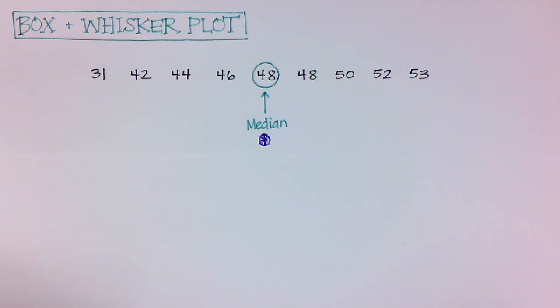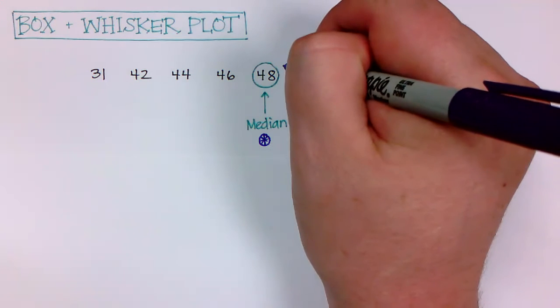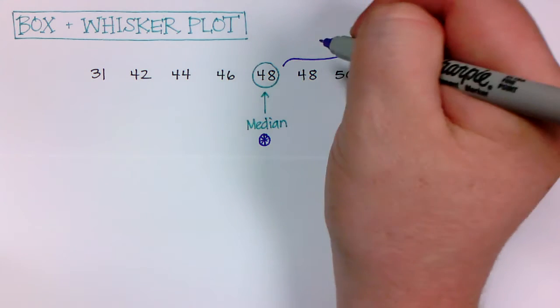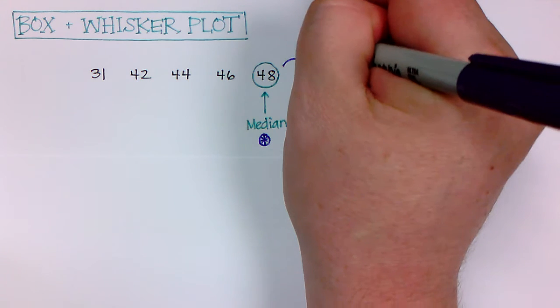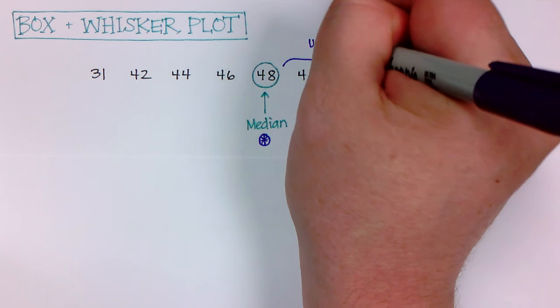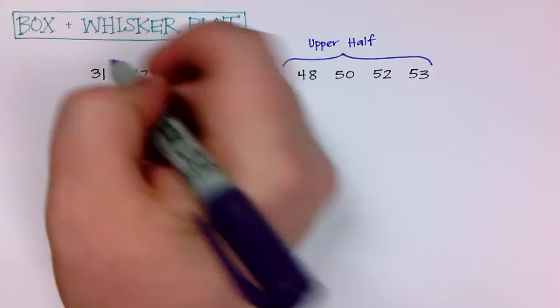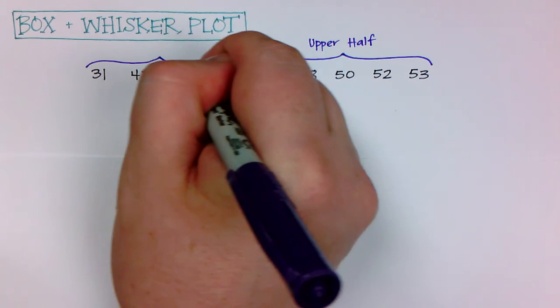So I'm just going to give myself a little star there to make sure that I plot that point. And so once you have the median, the section above of all those that are remaining is called the upper half. So let's label that upper half. And the values that are below the median is called the lower half.